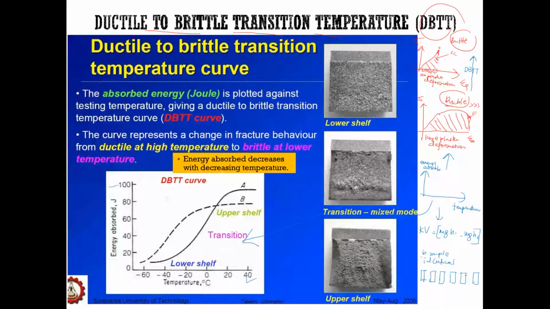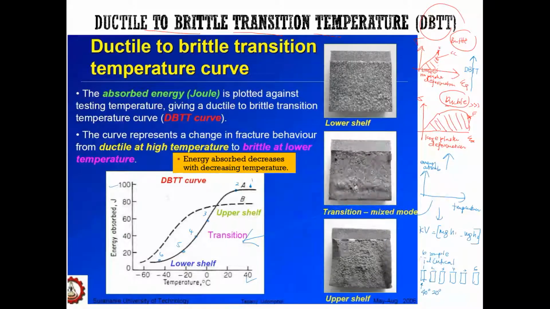We have 6 samples here, same material, and we do this impact testing at different temperatures. Say this is at 40 degrees Celsius, and this is at 20 degrees Celsius. So we plot here: this is 1, this is 2, this is 3, this is 4, this is sample number 5, and this is sample number 6.